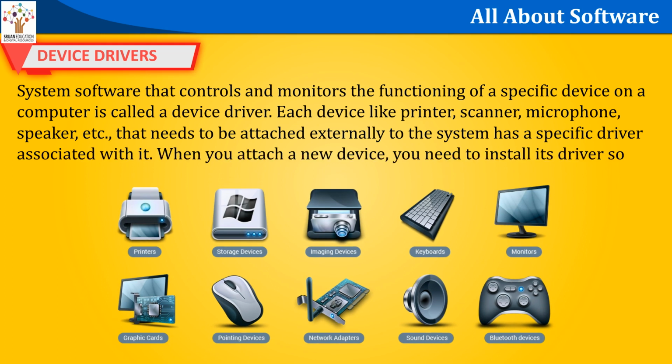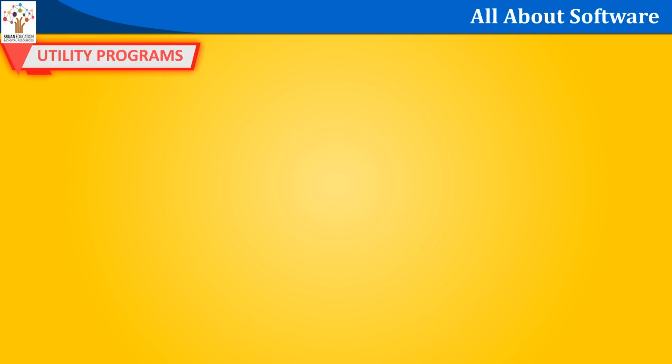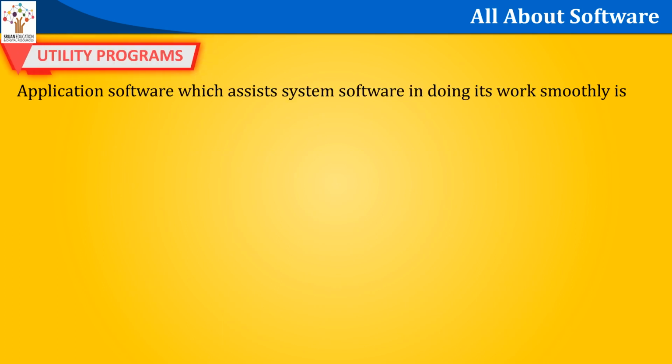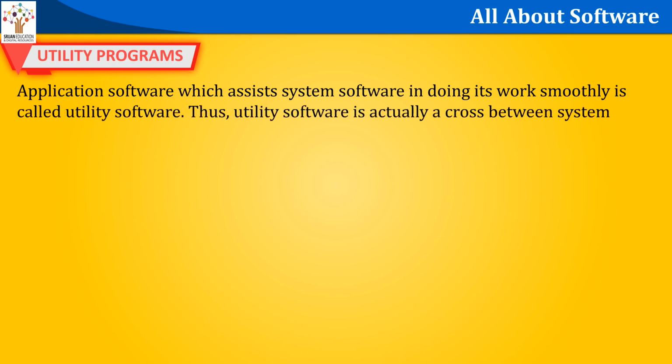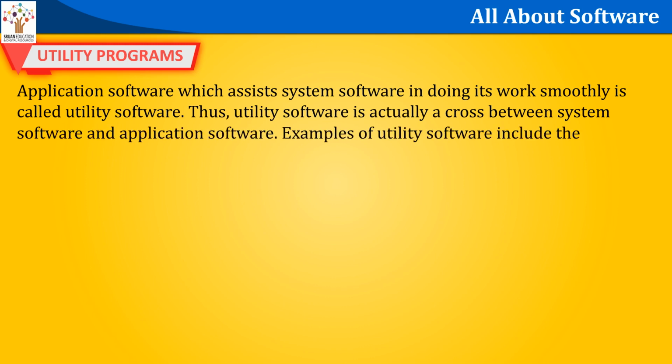When you attach a new device, you need to install its driver so that the OS knows how it needs to be managed. Utility programs. Application software which assists system software in doing its work smoothly is called utility software. Thus, utility software is actually a cross between system software and application software.